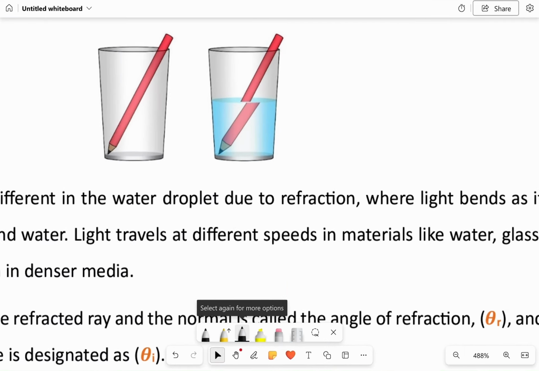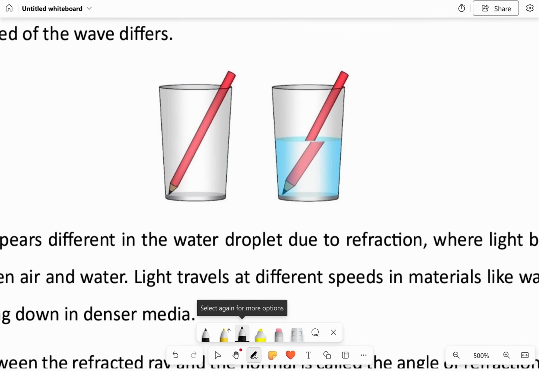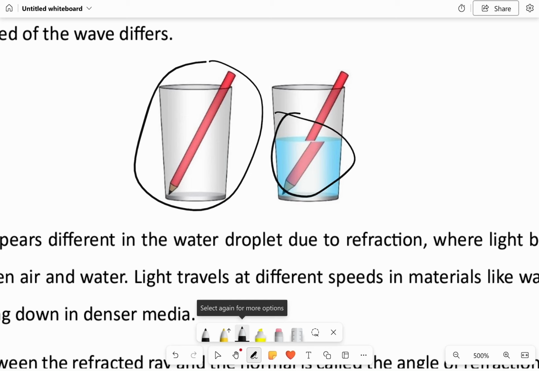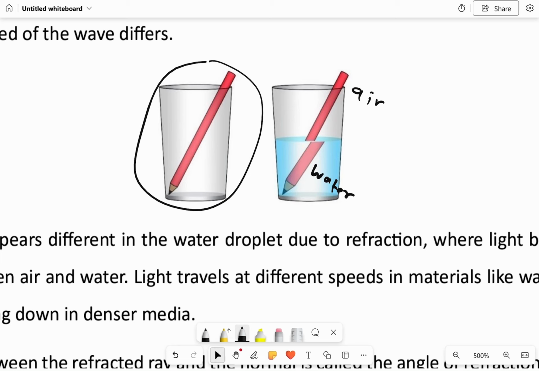As you see in this image here, in this empty glass, if you put a pencil there, there's going to be nothing wrong with the pencil, but if you pour some water into it, you'll see that the pencil seems to be broken. What is the reason behind this? The reason is that when light comes from the air to water, it is changing its medium.